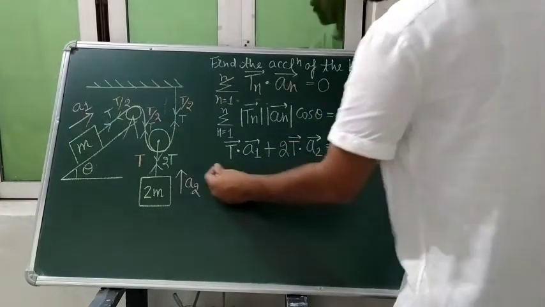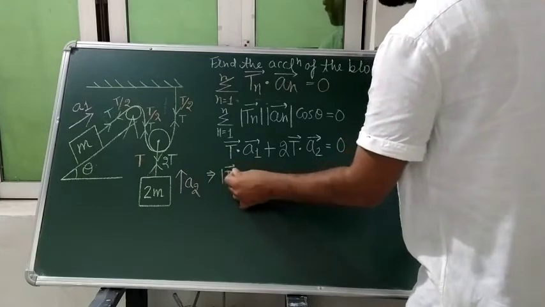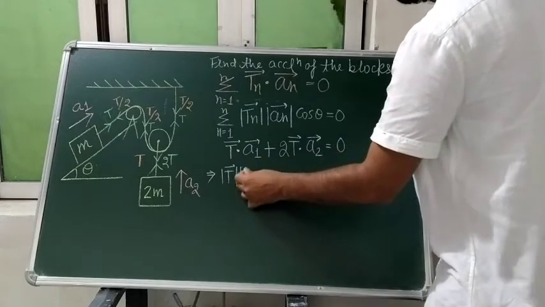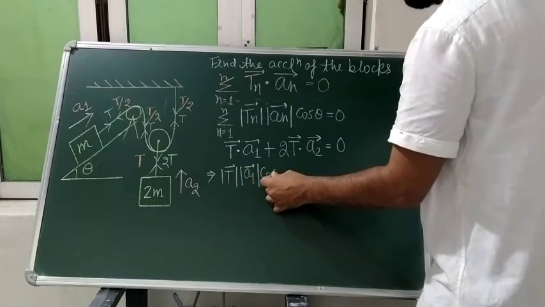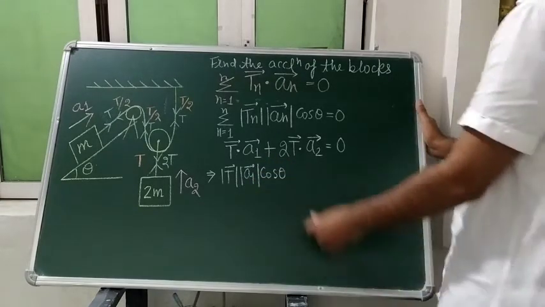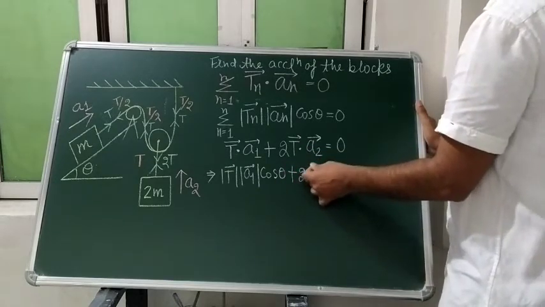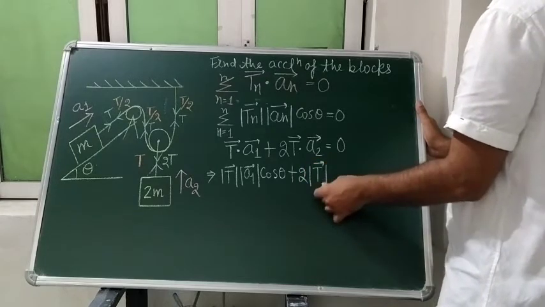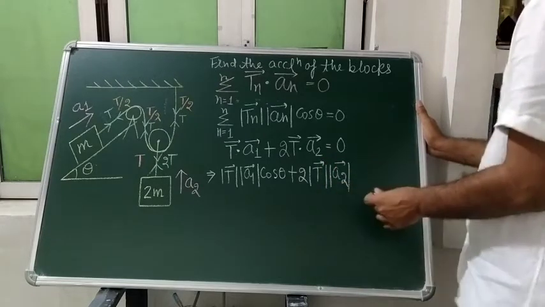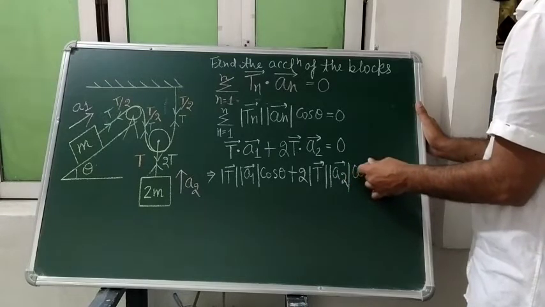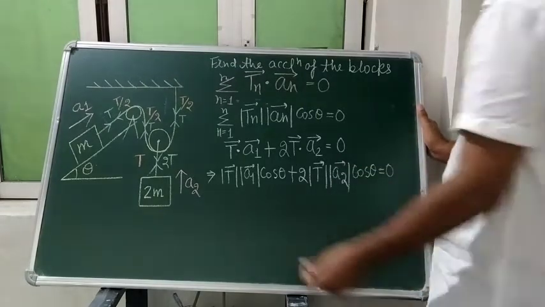So of course when we remove the dots, what will we get? Here we will get the magnitude of this tension T multiplied by the magnitude of this acceleration A1 times cos theta, plus 2 taken outside, the magnitude of the tension vector multiplied by the magnitude of the acceleration vector times cos theta, should be equal to 0.